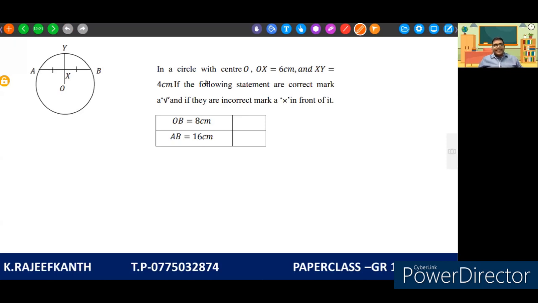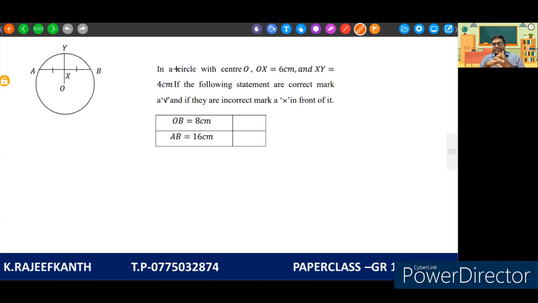Here, in a circle with center O, OX is equal to 6 centimeter and XY equals 4 centimeter. If the following statements are correct, mark right, and if they are incorrect, mark wrong in front of it. So this is a theorem. You know the chord of a circle.